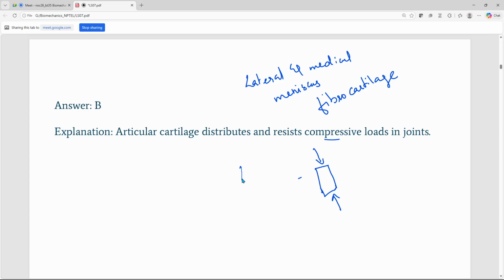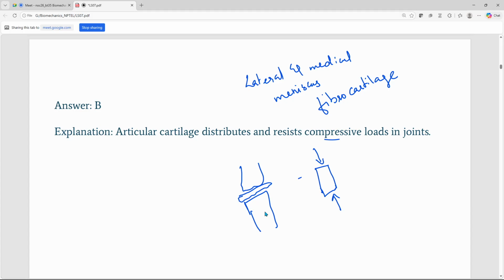So in joints, there will be one layer of cartilage, some cushioning cartilages for almost every joint, so that the bones should not come in direct contact. So these are the structures that help reduce the wear and tear in the joints.